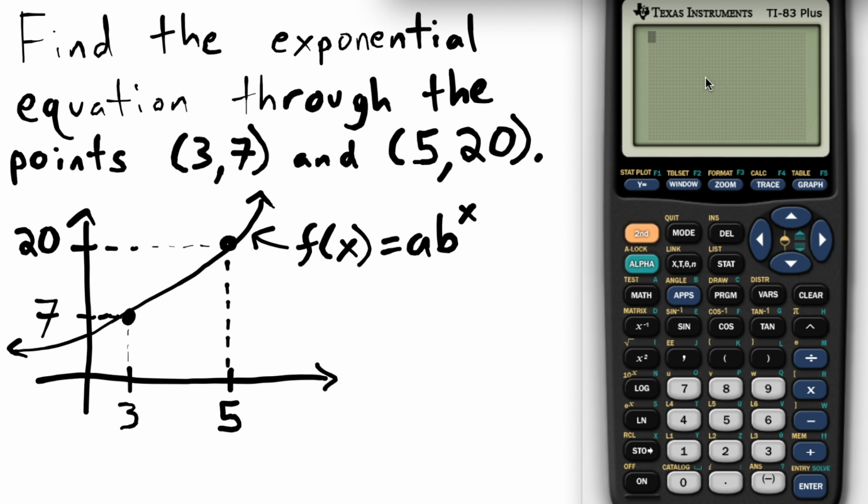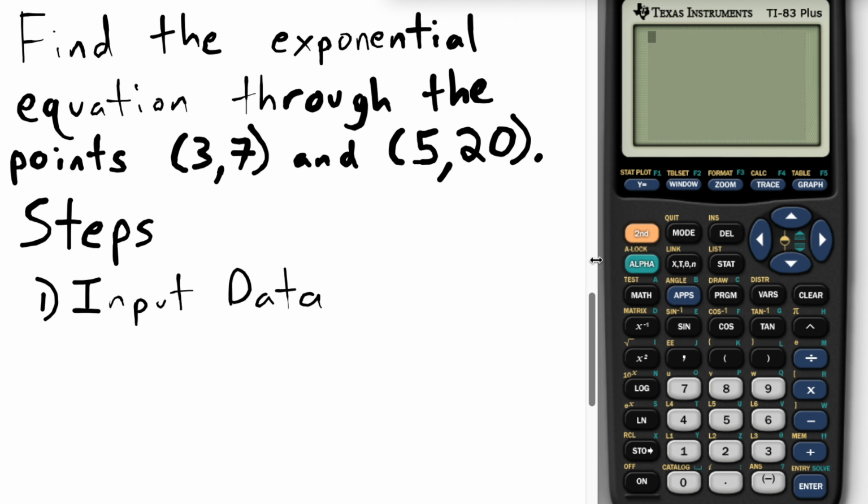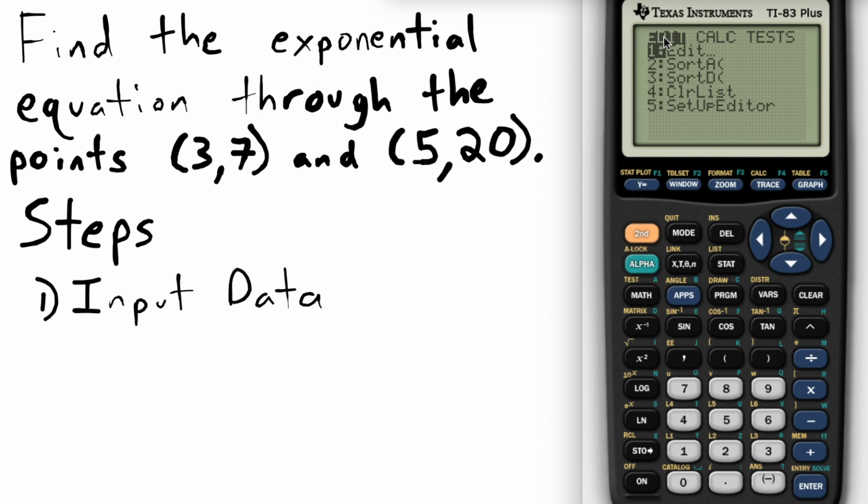Here we have a TI-83 calculator, and the first thing we have to do is put our data, these points, into our calculator. To do that, we hit the STAT button, located in the second row, third column. It's already on EDIT.